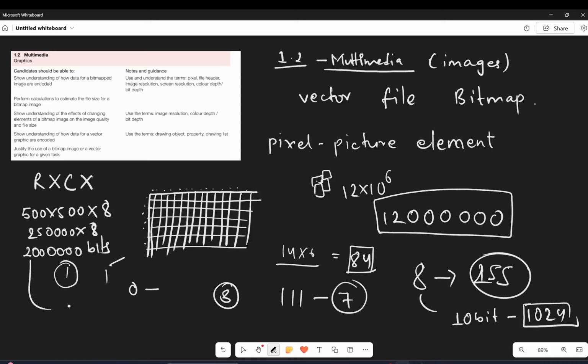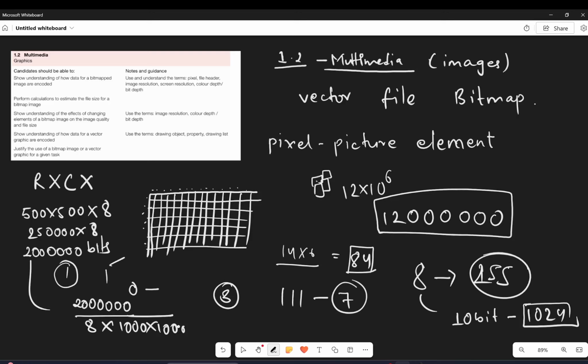Now if I had to convert it into, let's say, kilobytes, not kibibytes, kilobytes, what do I do? 2,000,000 divided by 8 goes into bytes, and I divide by 1000, it's in kilobytes. If I again divide by 1000, it goes into megabytes. So this is how file size is calculated.